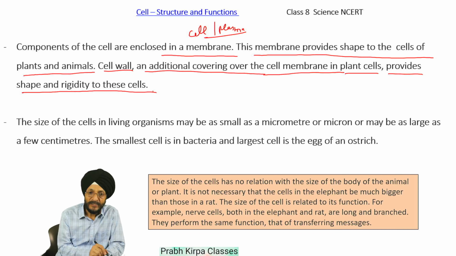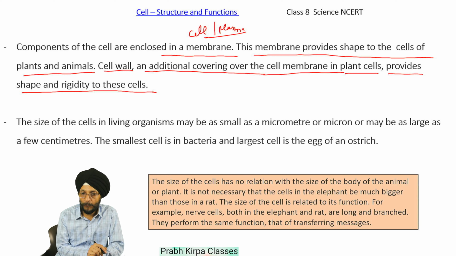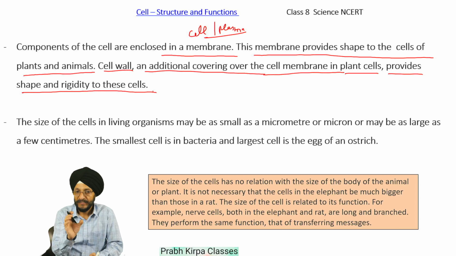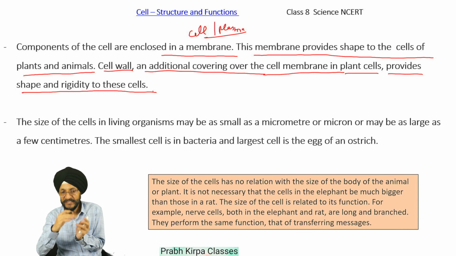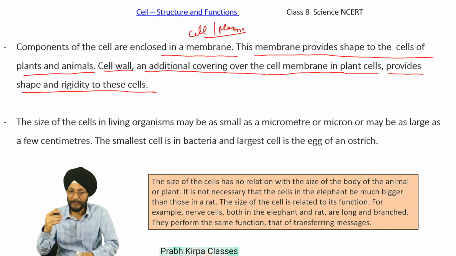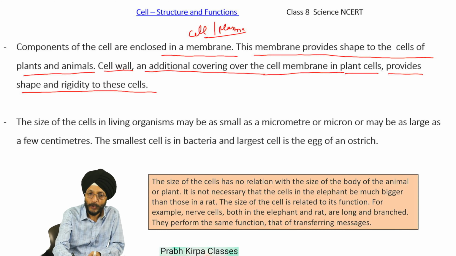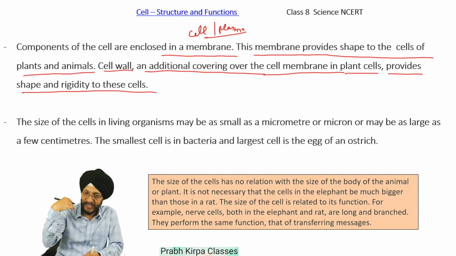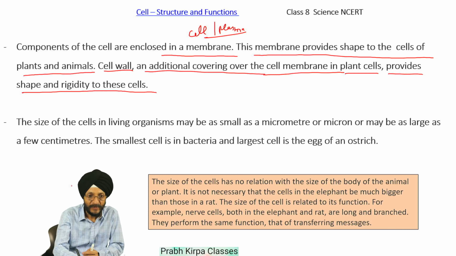As you know, in the case of plant and animal cells, the cell membrane or plasma membrane is present. However, in the case of plant cells, an additional covering is there, which is extra to the plasma membrane, and that covering is known as cell wall, which lies outside the cell membrane or plasma membrane.